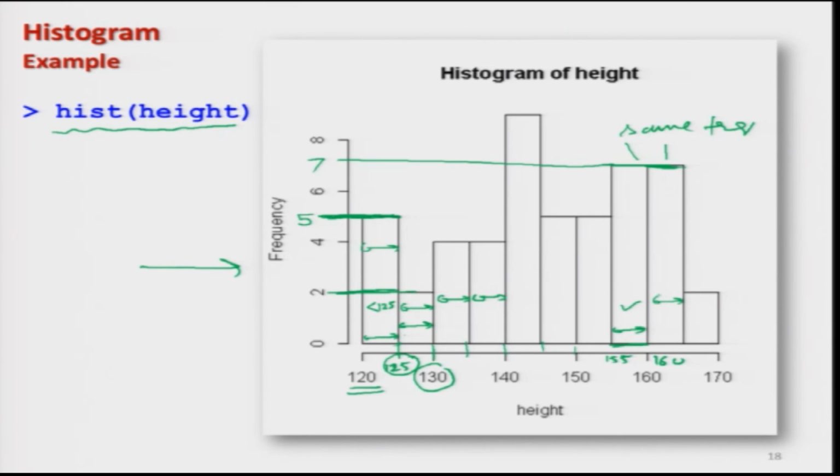Now, if you want to improve the look by adding colors or legends or controlling the limits, you can use the parameters. I will show you some of them, but I would request you to have a look at the help.